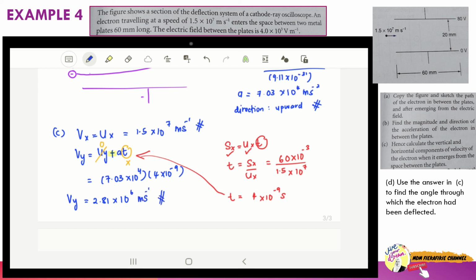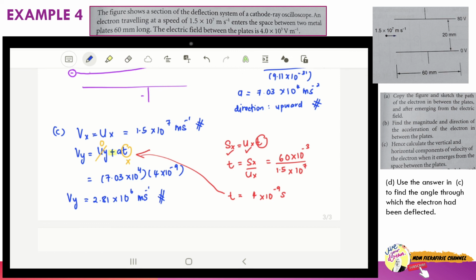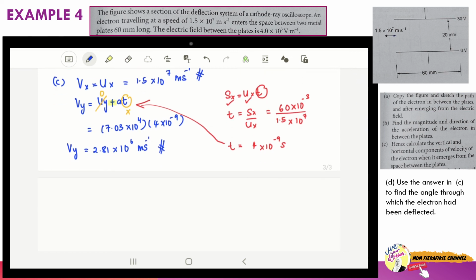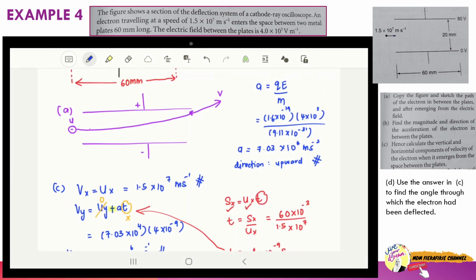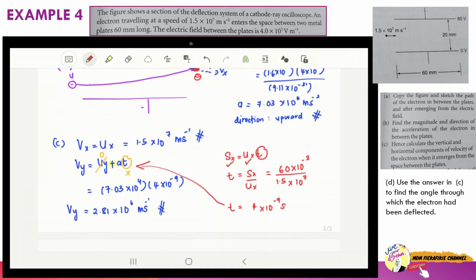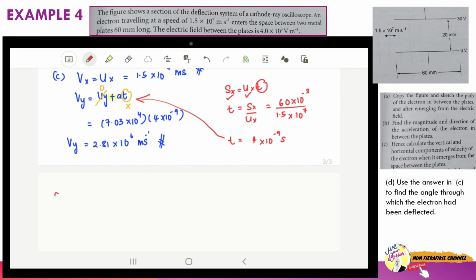The last one, part D. Use the answer in C to find the angle through which the electron had been deflected. So we want to find in which angle. Let's say this is V. So this is Vy and this is Vx. We want to find what is the angle here, which is theta. By using the equation, theta is equal to inverse tangent Vy over Vx.